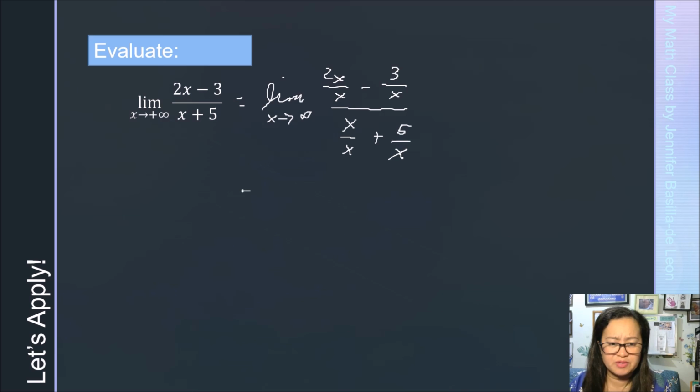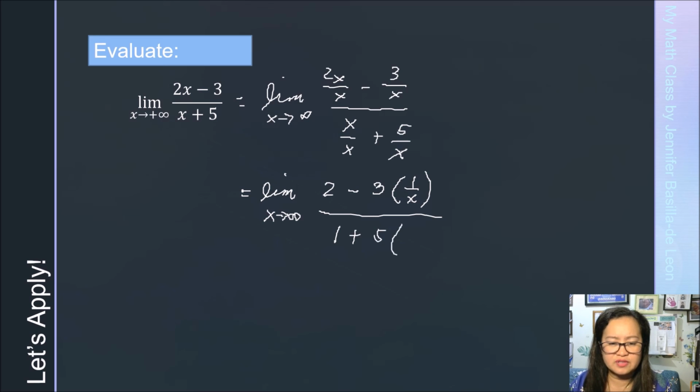Simplifying further, we will have the limit of 2 minus 3 times 1 over x as x approaches positive infinity, then in the denominator we will have 1 plus 5 times 1 over x.